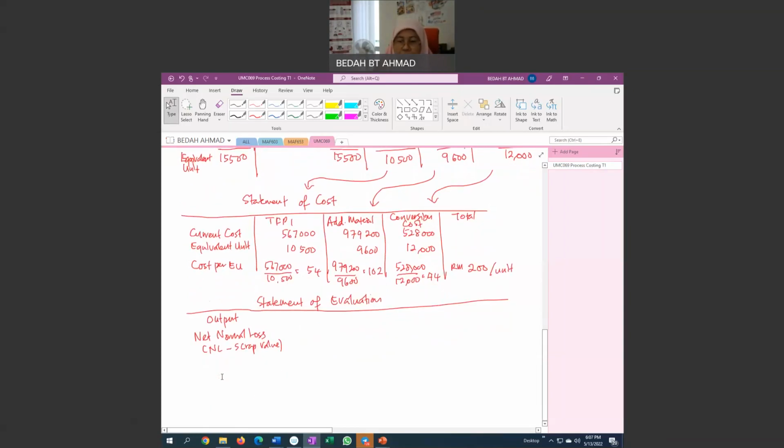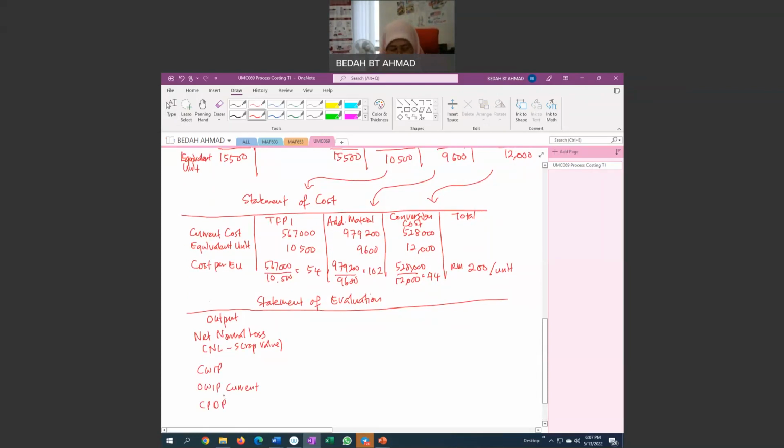And then we want to find the value for the closing work in progress, opening work in progress current, and then the value for the completed production during the period.